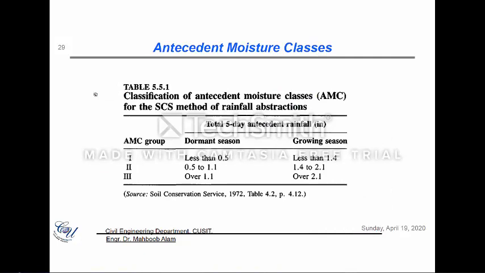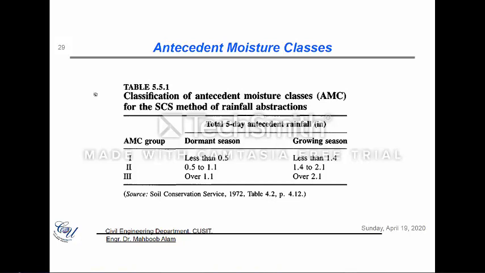Sometimes you also have to consider the antecedent moisture classes. Antecedent moisture classes consider whether in the previous 3-4 days there was any kind of precipitation or not. You can look into it yourself from the book, and if there are any questions, please put them on the LMS and I'll answer them.